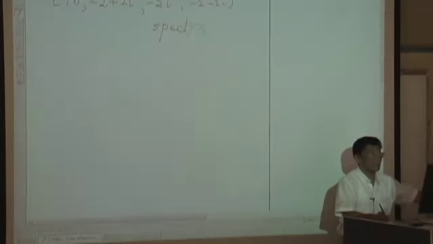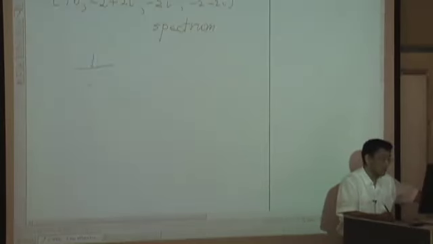Now, I want to restore. So now we have A0, A1, A2, and then A3. So from the spectrum, we want to restore the data. Then the formula that we need to use is this one.